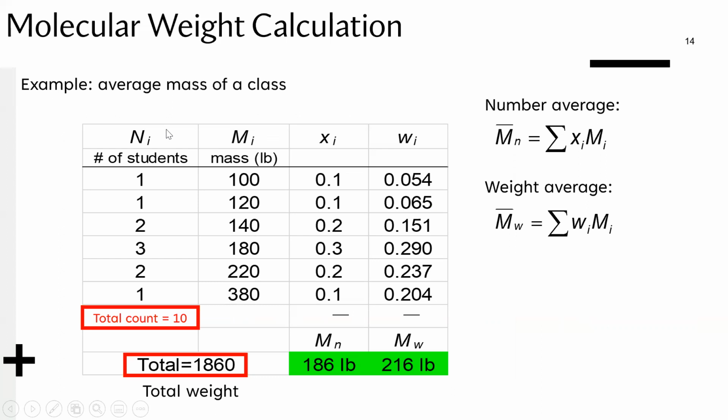The idea is that it doesn't have to be a polymer that we're calculating the average mass of. It could be the number average weight or the weight average weight of a class of students.